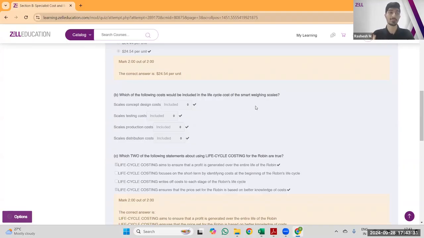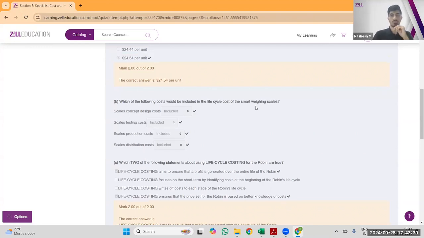Unless they are very specifically worded, only then does something get not included, only to avoid duplication. The cost we actually incur in cash is included, like the spending and all. Yes, correct. Okay, thank you, sir.